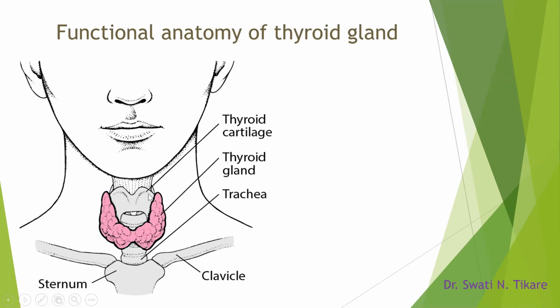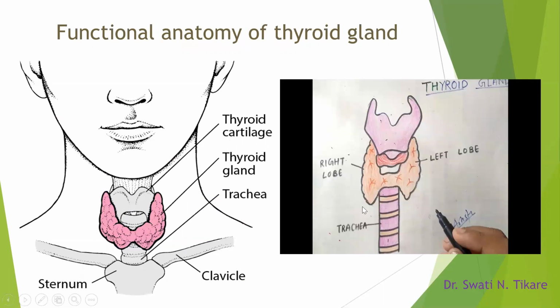So above we have the thyroid cartilage and the larynx. A simpler diagram would look something like this. Okay, so you can easily draw this diagram. First, draw the thyroid gland, then the trachea, then draw the thyroid cartilage and the larynx.